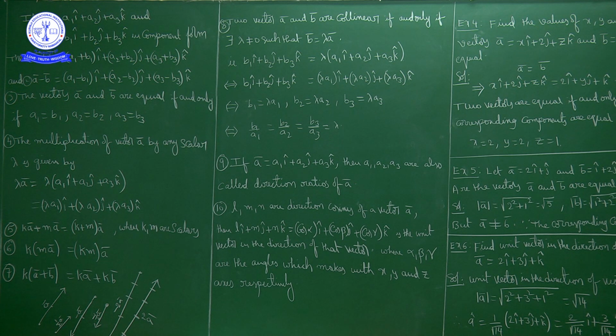Next, minus a bar: the magnitude of a bar and the magnitude of minus a bar remain the same, only the direction changes.